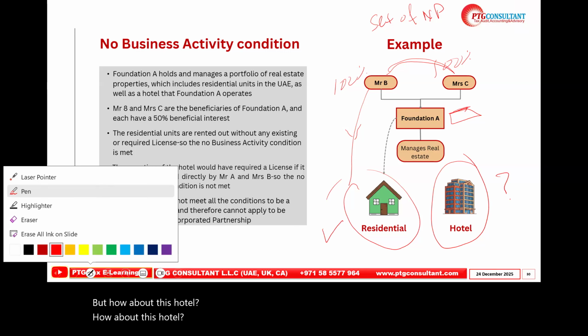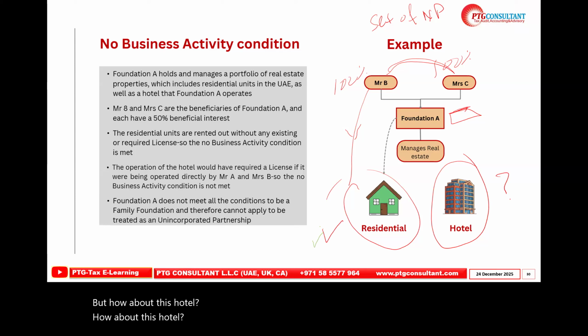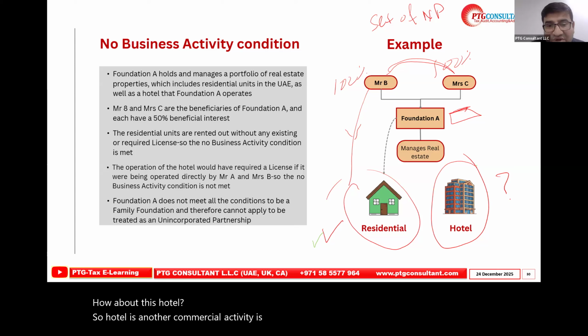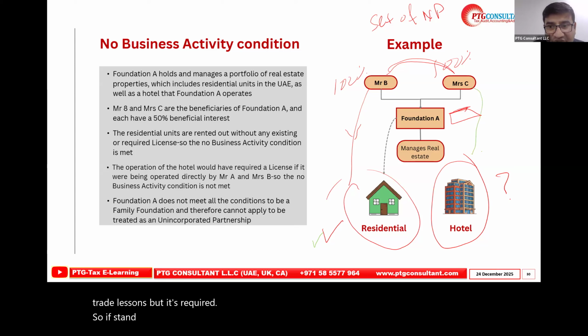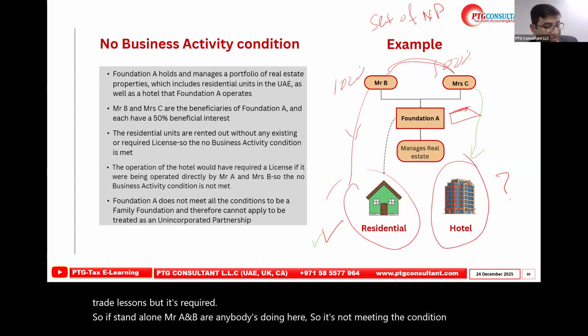What is commercial property? A hotel is another commercial activity that requires a trade license. Even if we don't have the trade license, it is required. So if Mr. A and B or anybody is doing this standalone, it does not meet the condition of the exemption.